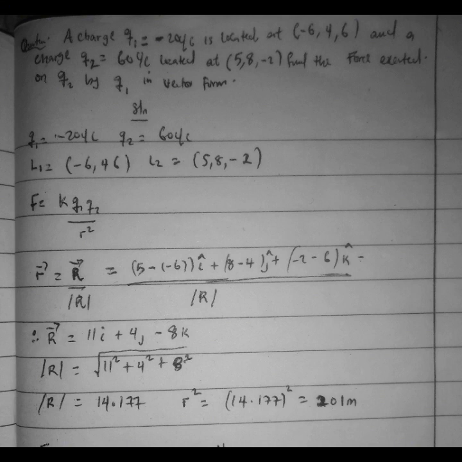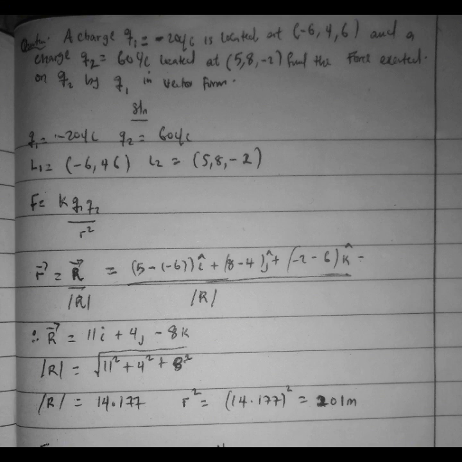The question is telling us that we should find the force exerted on Q2 by Q1, so if we want to know the direction between these two, you are going to be subtracting the location L1 from L2. That's why we are having 5 minus minus 6 at I hat, plus 8 minus 4 J hat, plus negative 2 minus 6 K hat.